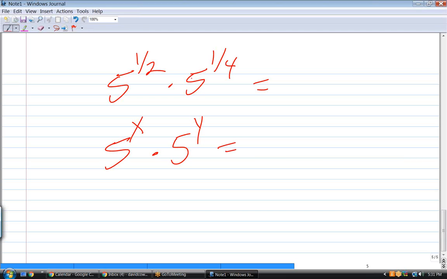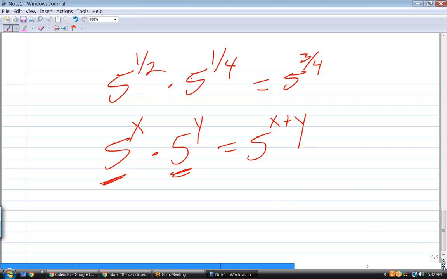We don't multiply the exponents. We always do one less level mathematically. In other words, if I'm multiplying the bases, I'm going to add the exponents. So this one up here would be 5 to the 3/4.